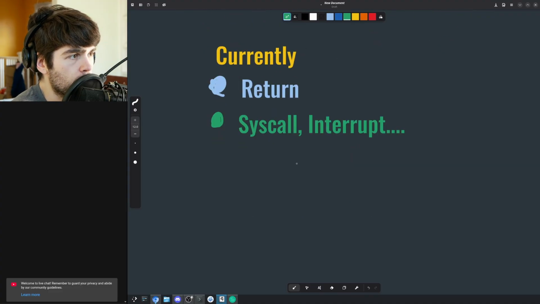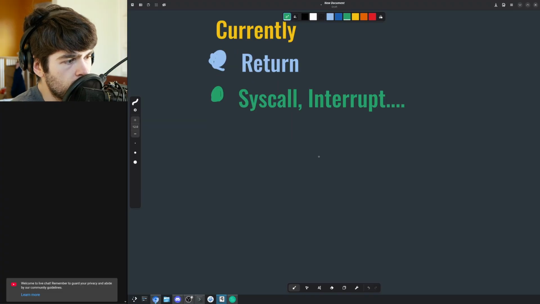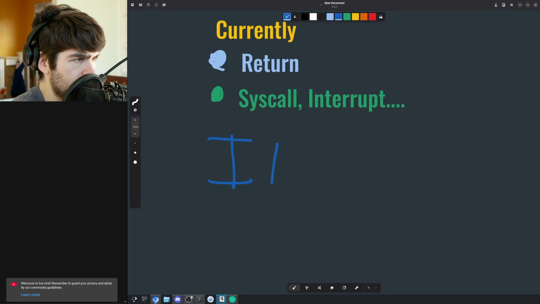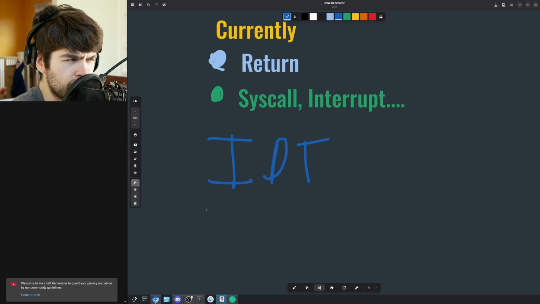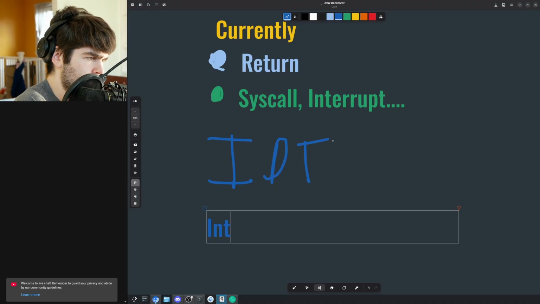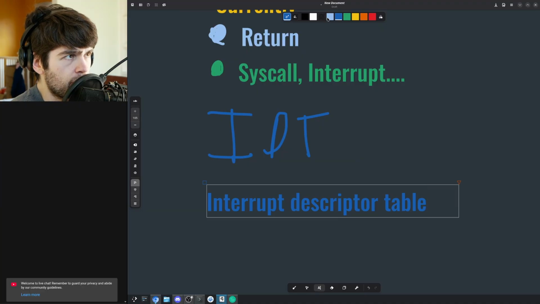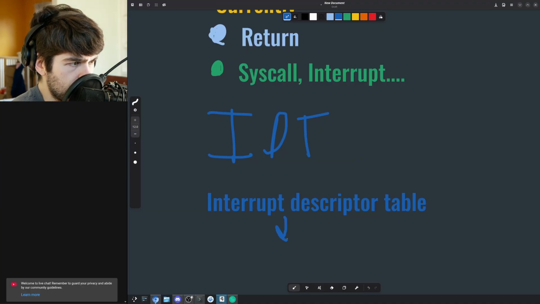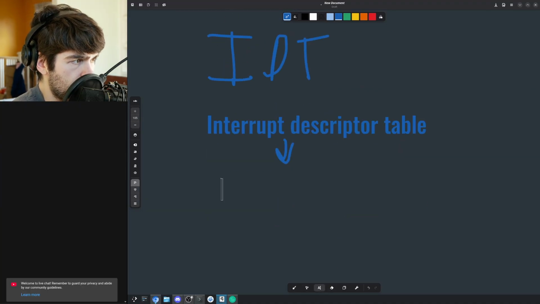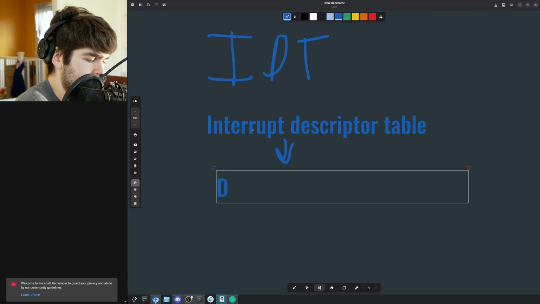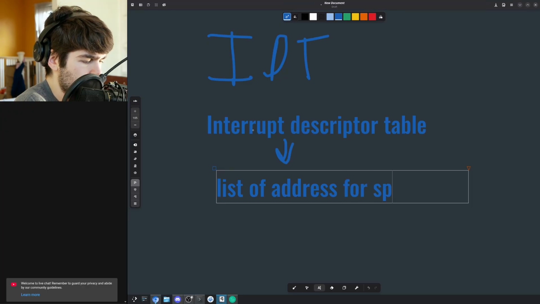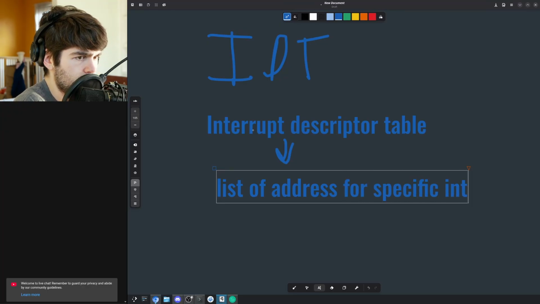Essentially, we're going to do a bunch of calls to the IDT, which stands for interrupt descriptor table, which, if I remember correctly, is essentially a list of addresses for specific interrupts.